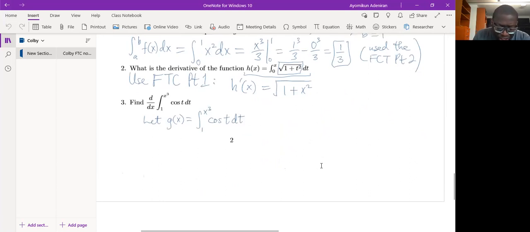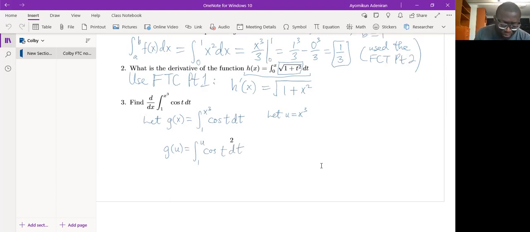Okay, so what do we do? To find g prime of x, let u be equal to x cubed. So let me rewrite this. What we have is g at u is the integral from 1 to u of cosine t dt.